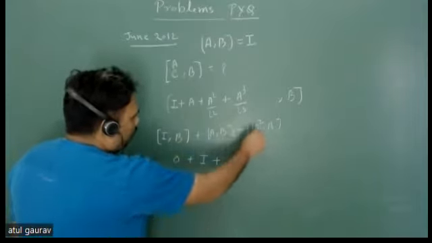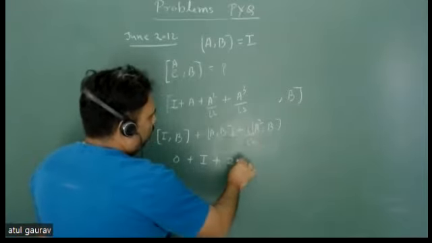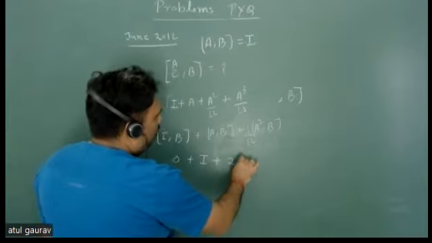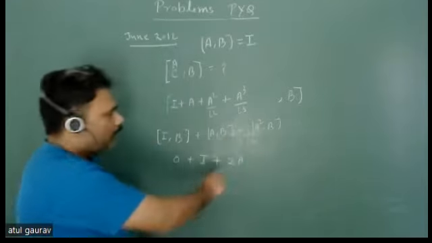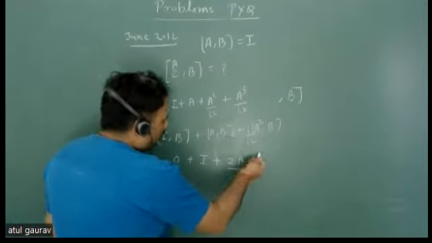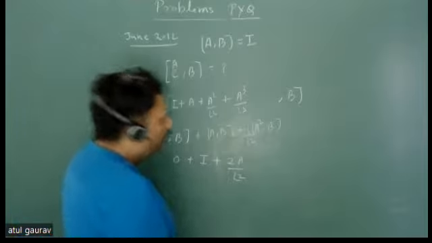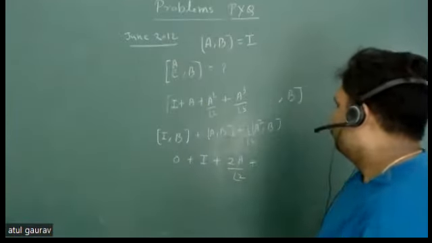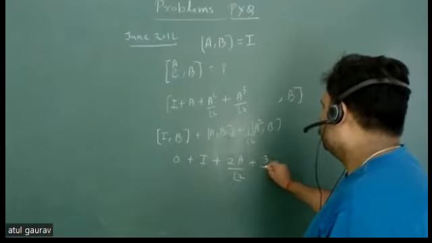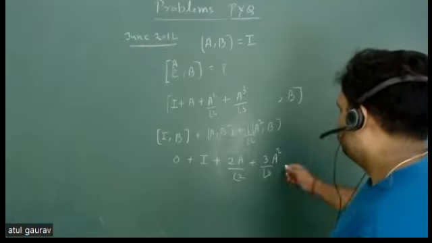I. And what will happen to this one? 2 times A, isn't it? You can just take A into A and B, then that is 2 times A into I. What will be the next one? Can anybody tell me? That will be 3 by factorial 3 A square.